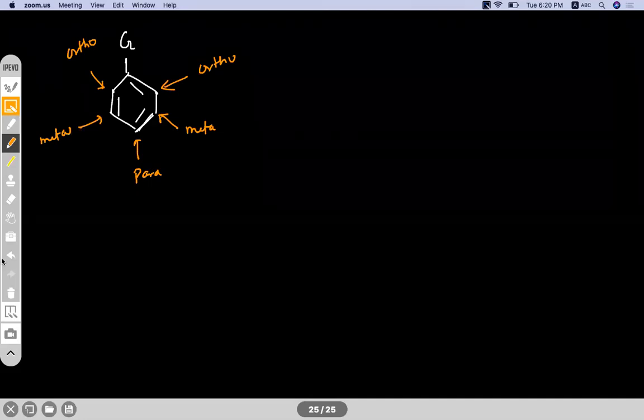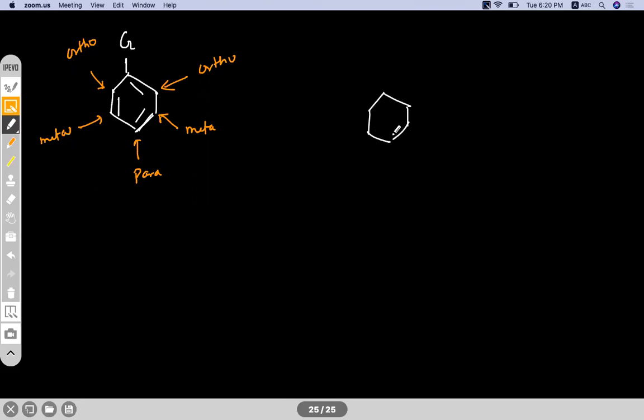If you take the example of orthonitrophenol, first of all phenol is this, and orthonitro means at the ortho position we have NO2 attached, with positive and negative charges. This is orthonitrophenol.